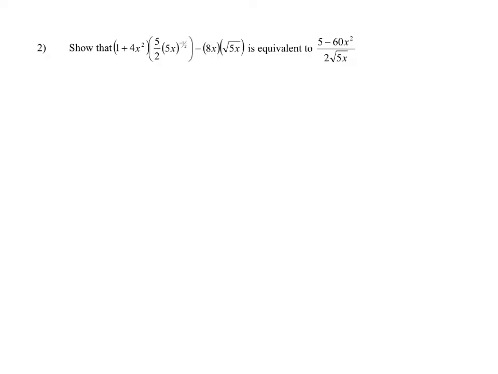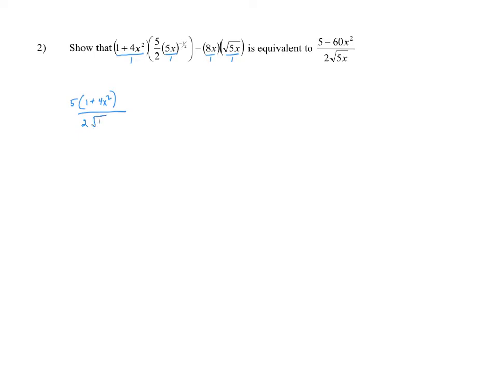Number 2. First, put your over ones. Now we have to fix the numerators and the denominators. So 1 plus 4x squared stays in the numerator. 5 is in the numerator. 2 is in the denominator. 5x all to the negative 1/2 goes in the denominator.